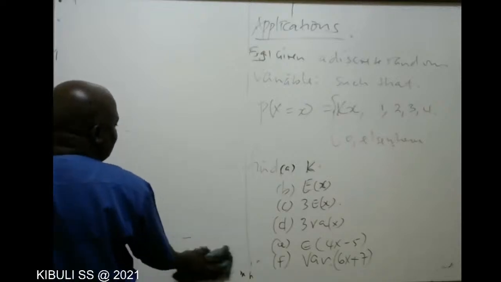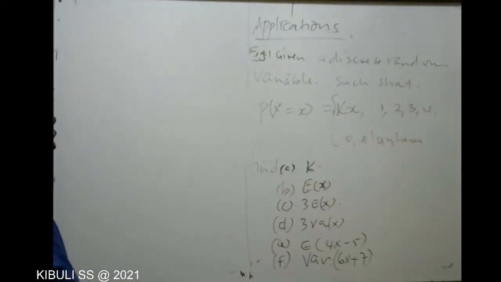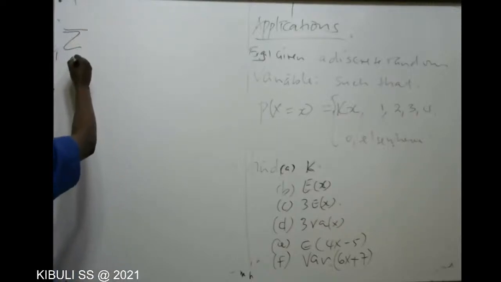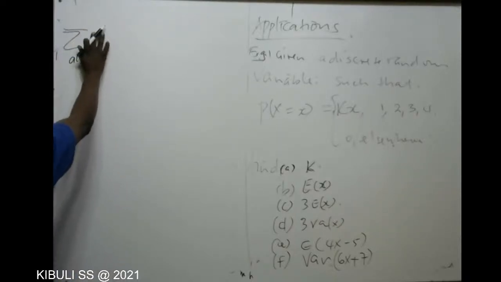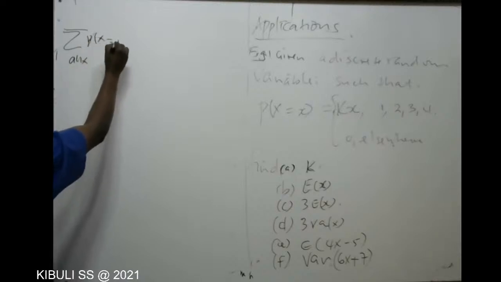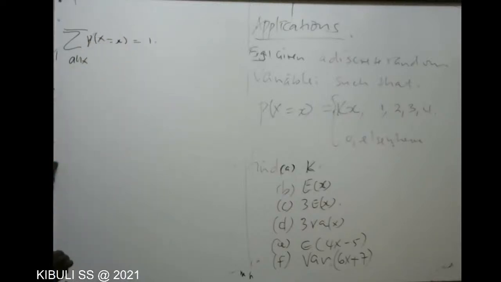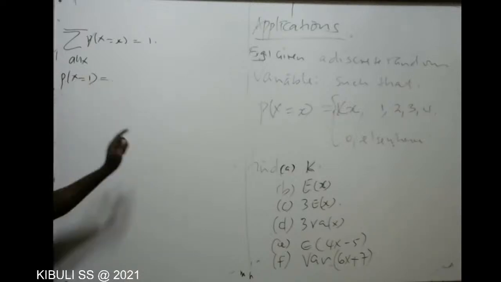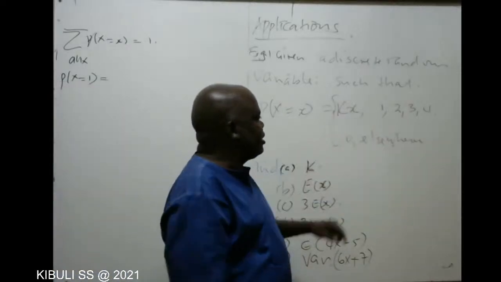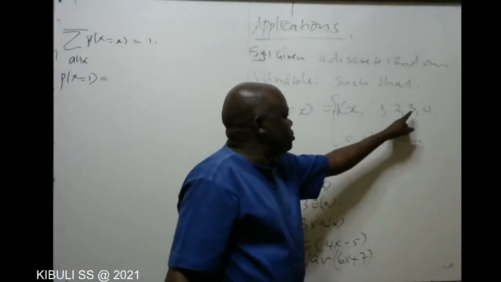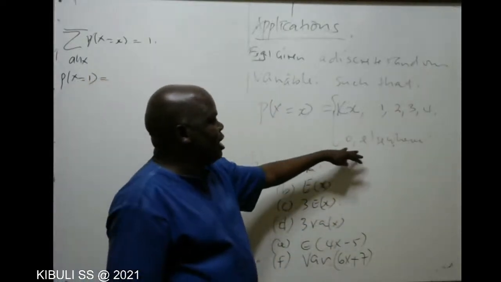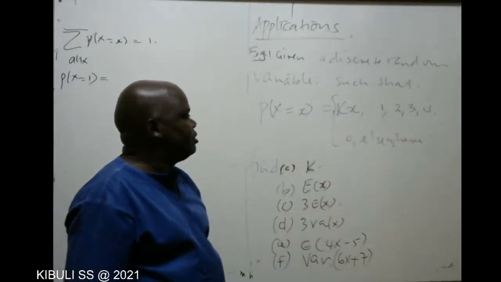For you to work out that constant, we know that the sum of all x, probability of X equal to x, is equal to 1. Because it takes on values 1, 2, 3 up to 4, and 0 elsewhere. That means the probability outside these values is 0.